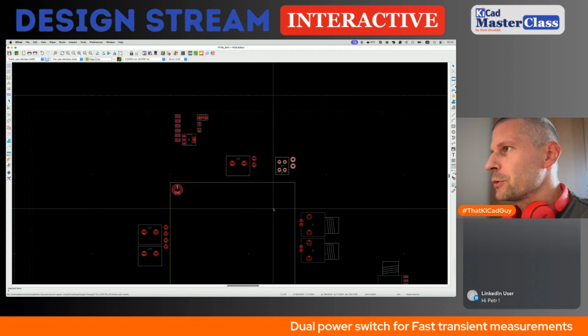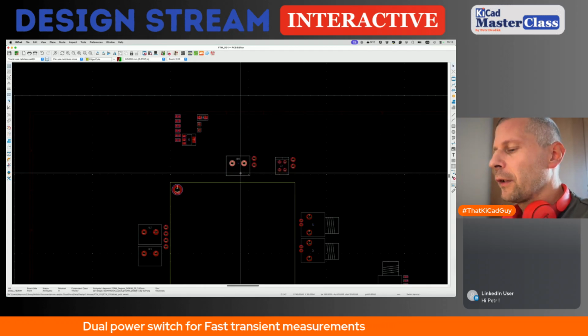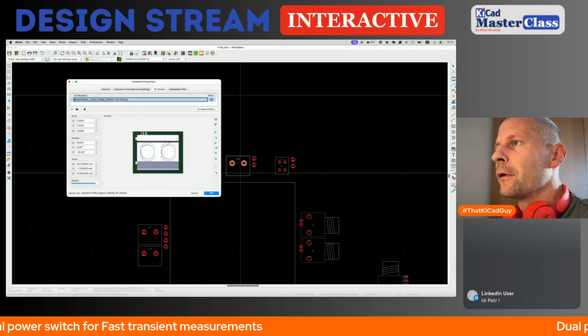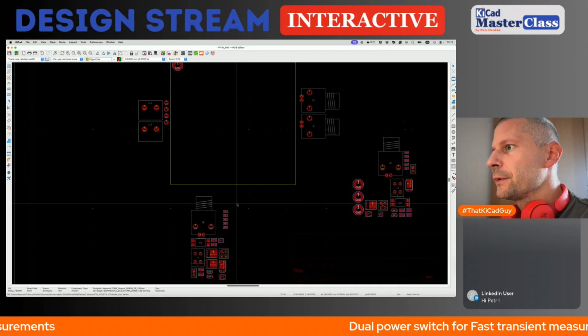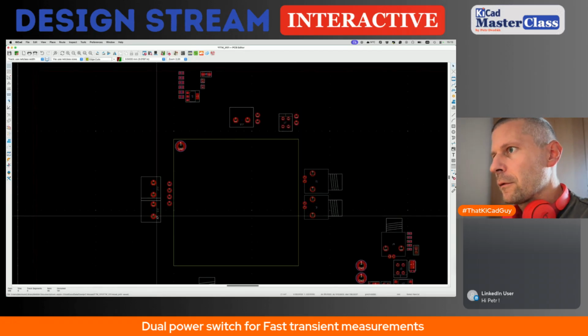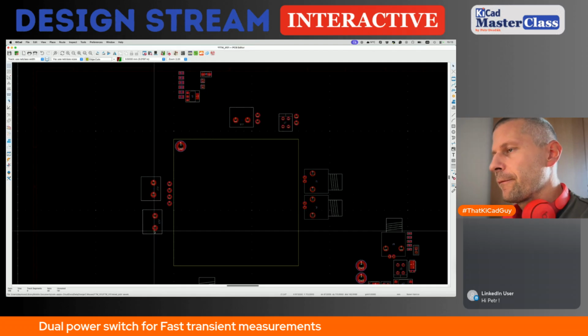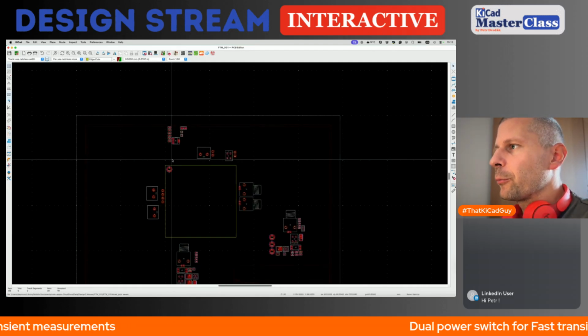So this will be placed here, like this. Okay. Yeah, these are the correct terminal positions.